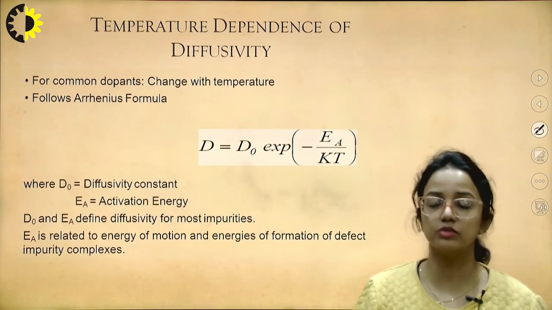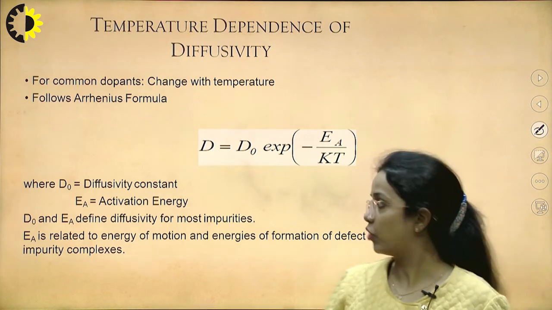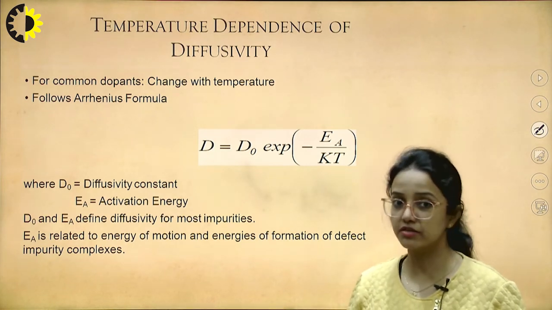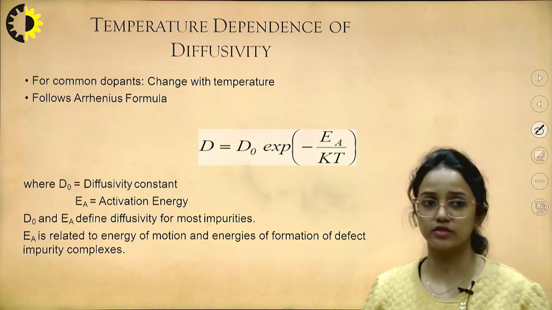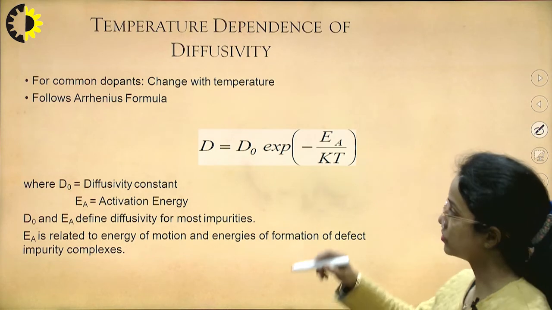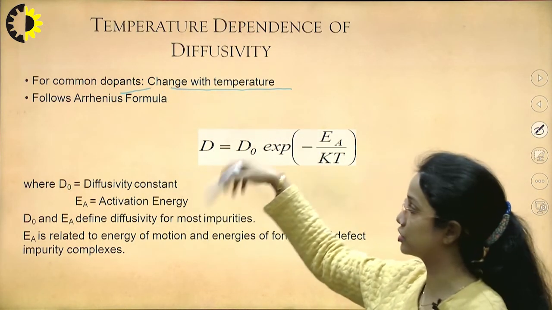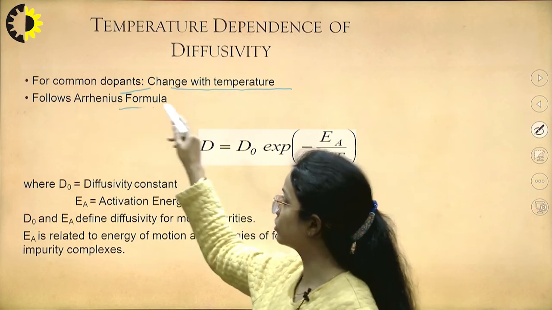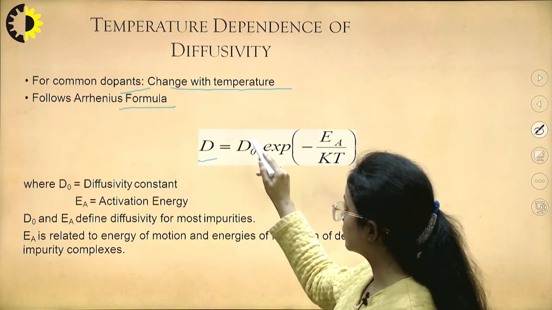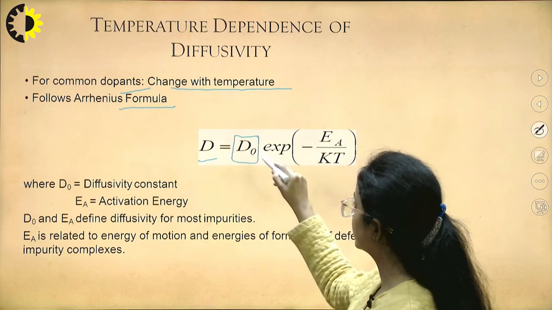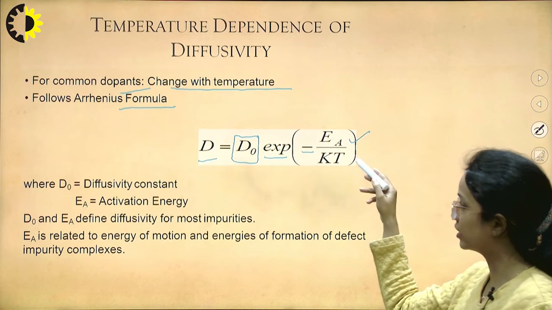Again, we have one more temperature-related mathematical model for finding the diffusivity constant and how the diffusivity of a common dopant changes with temperature. So for the Arrhenius formula, we have D, that is diffusivity, equal to D naught e raised to the power minus EA divided by kT.